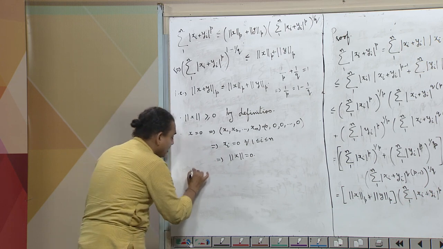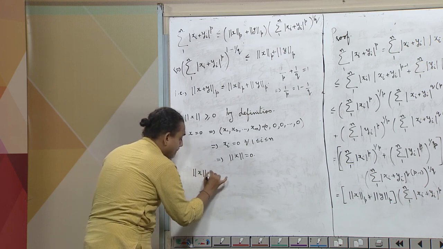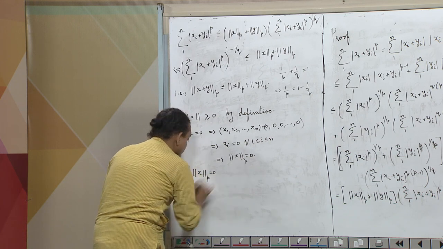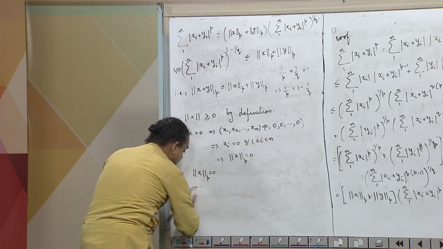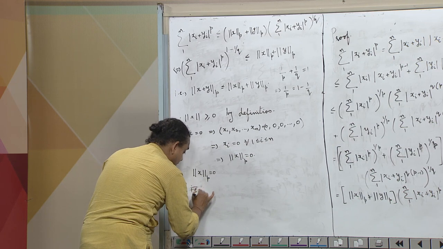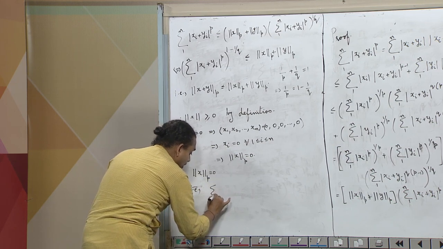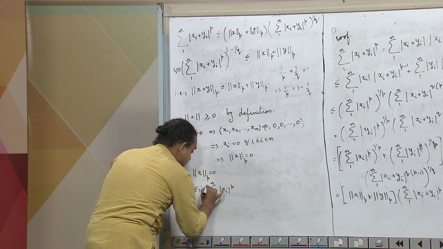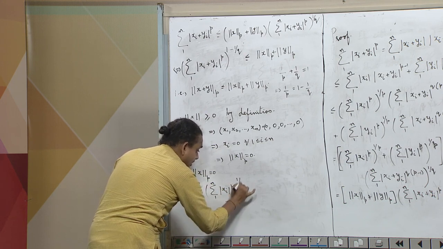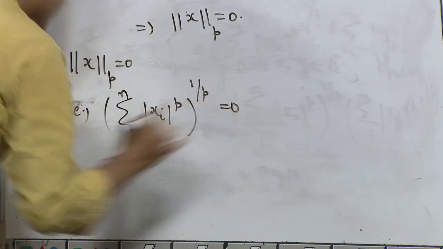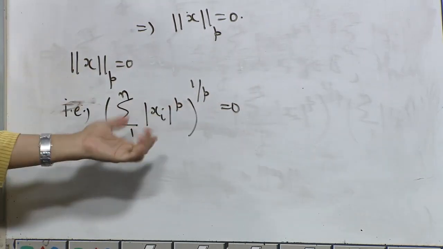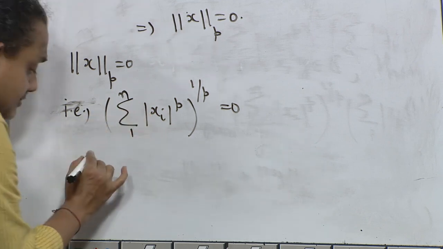Now, if norm x is 0, in fact I should say pth norm, that means summation 1 to n mod xi power p, whole raised to the power 1 by p, this quantity is 0. Once you know that the pth root is 0, that means the term should be 0.